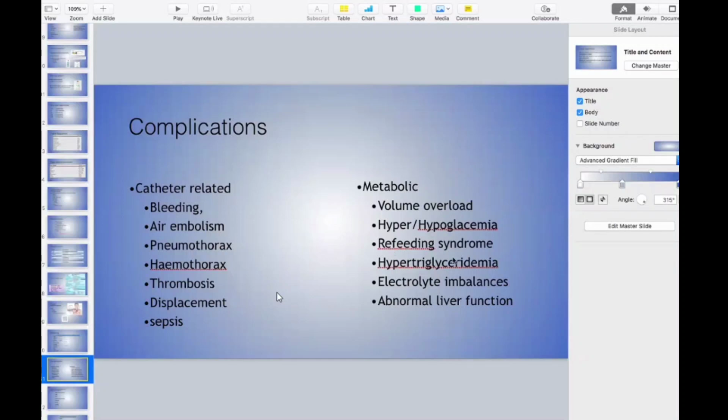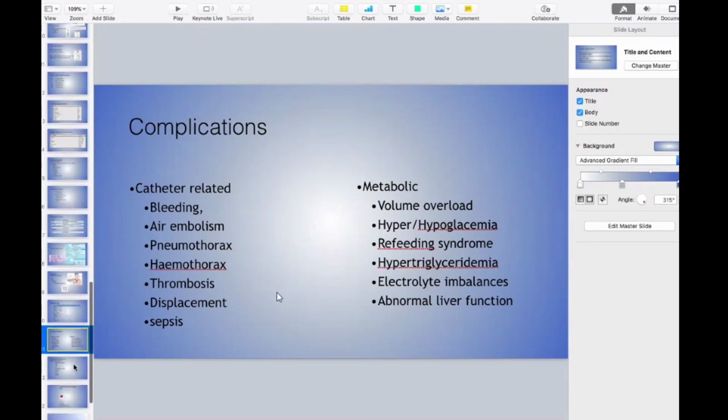That can even end up with cardiac arrest. That is called refeeding syndrome. Because of that, you will have to start very slowly, with the lowest energy level. You will start with 15 kilocalories per day. They can also have electrolyte imbalances and liver function abnormalities.